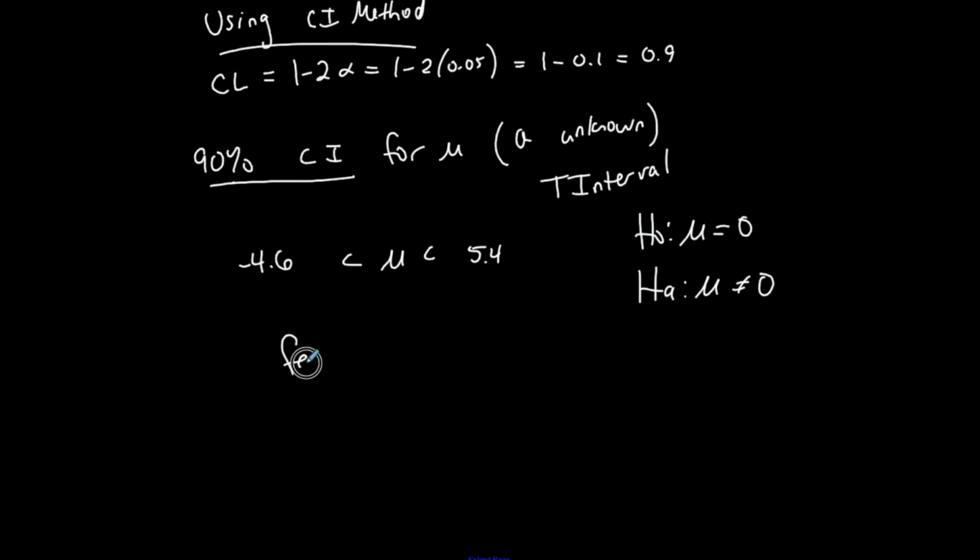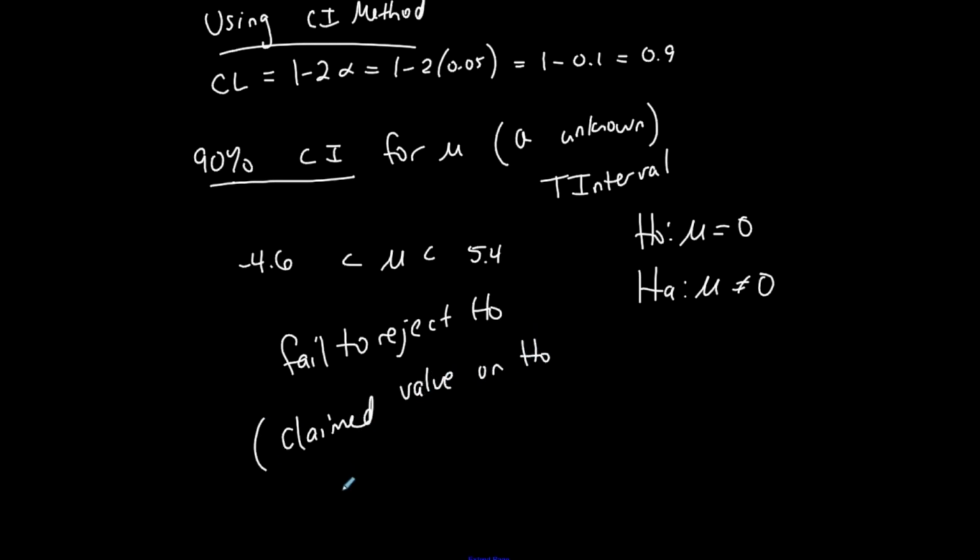So I have to fail to reject the null, right? The claimed value on the null is within the confidence interval. It's in there. 0's in there. If it were not in there, then it would not be a possibility for the population, which means that I could reject it.